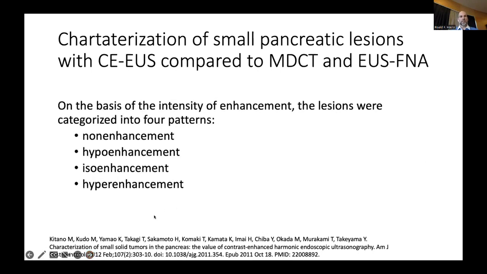On the basis of the contrast-enhanced EUS, they categorized the lesions into 4 categories. The non-enhancing lesions that would typically be a cyst, the hypoenhancing lesions that would typically be adenocarcinoma, the iso-enhancing lesions that would typically be an inflammatory lesion, and hyper-enhancing lesions that would typically be a neuroendocrine tumor.